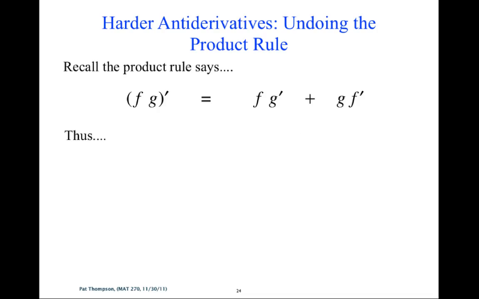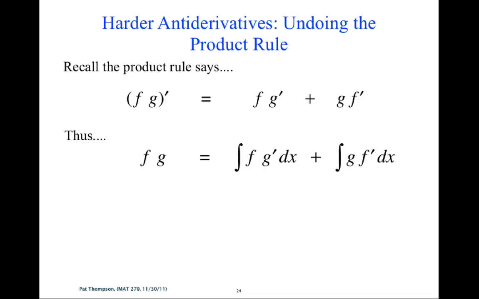So if we were to now do the antiderivative or integral, we'd have this, right? If I look at the antiderivative of both sides, piece by piece, I'd have the original function f times g would be the antiderivative of fg prime plus the antiderivative of g f prime.